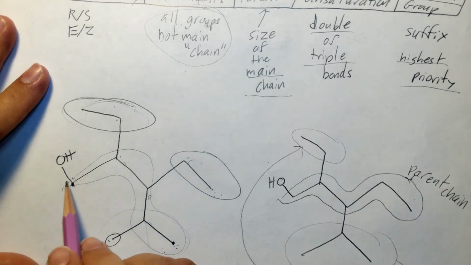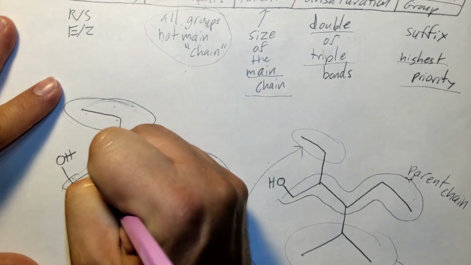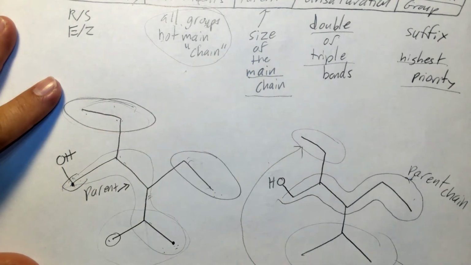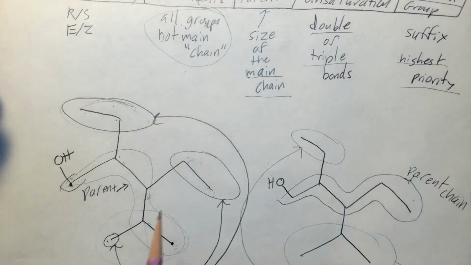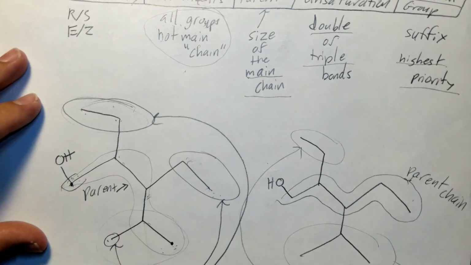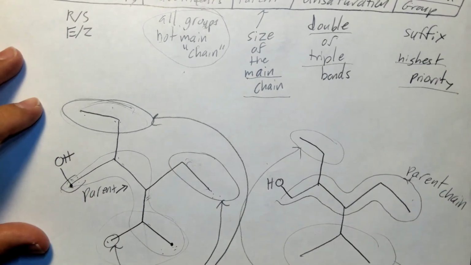If this is the parent chain, then there are 3 substituents. So this must be the parent chain, because between these 2 scenarios, it's 3 versus 2 substituents.